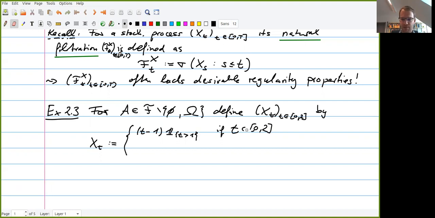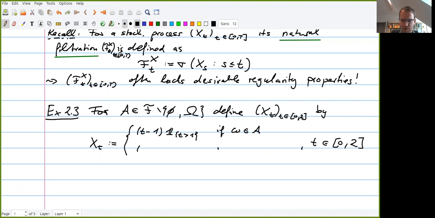This is if omega is in A, and of course t here is in 0, 2, as I wrote. This means the process is constantly equal to 0, and at time 1, if your omega is in A, we start increasing from 0 to 1.